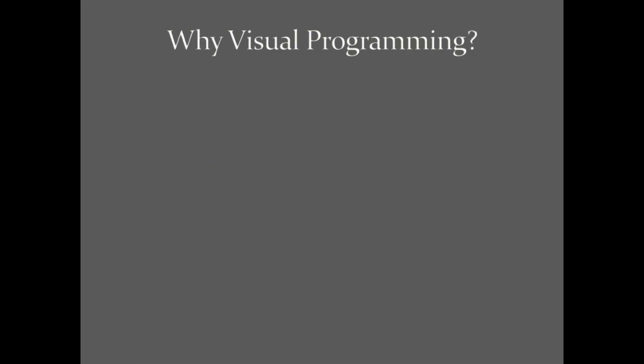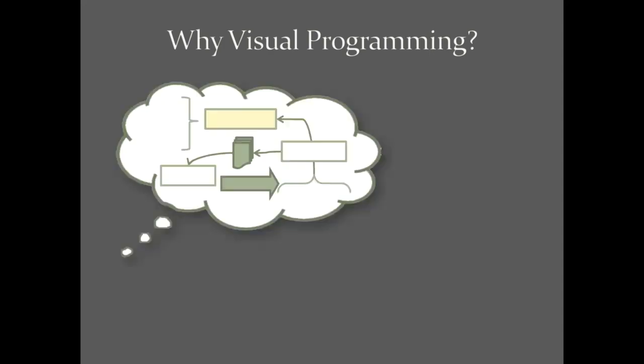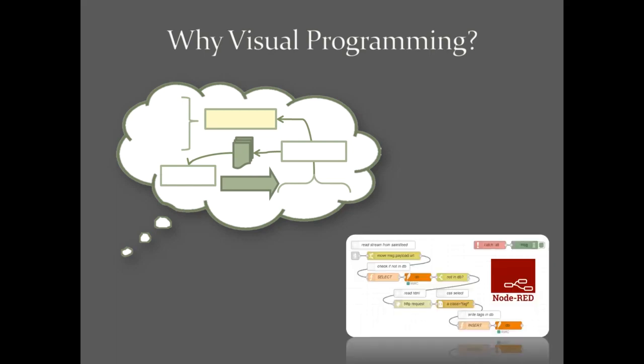But apart from not coding, why is visual programming good? Well, I personally think that if we are capable of figuring out our application using diagrams and blocks, why can't we just use diagrams and blocks to deploy the application itself? So that's possible right now with this new paradigm of visual programming.